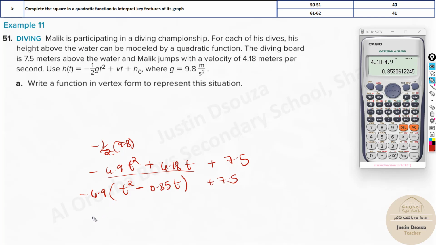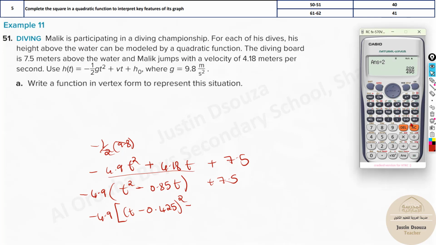Now we do completing the square. This remains over here. It will be t squared minus 0.85t. Sorry, I'm writing the same thing. It's t minus half of 0.85, which would be 0.425, the whole square, minus the square of this. What is the square of that?